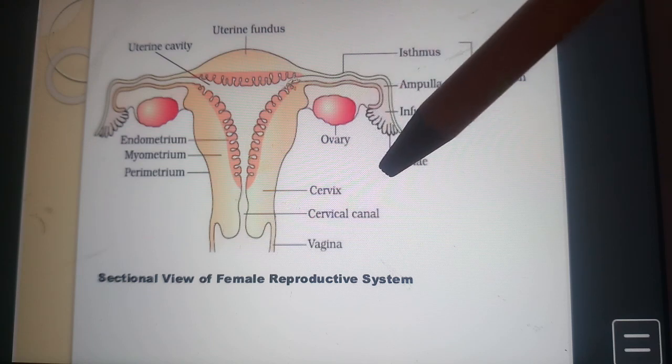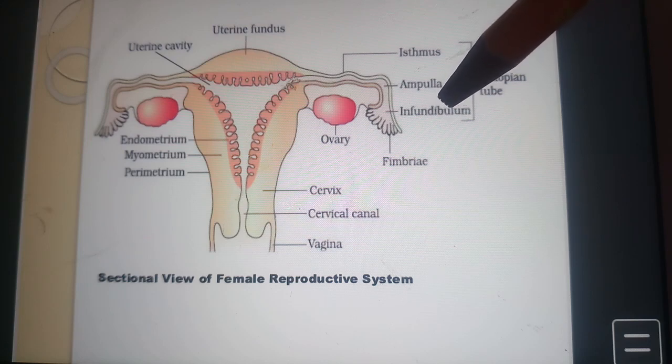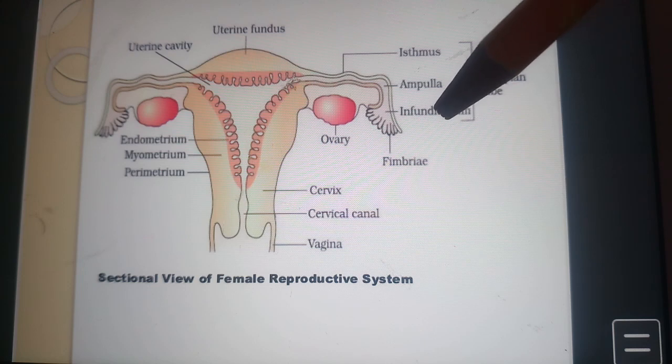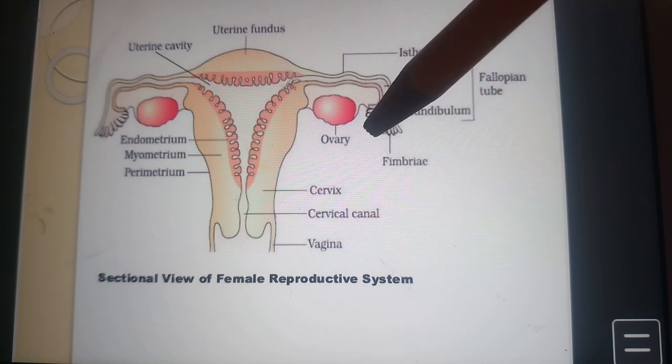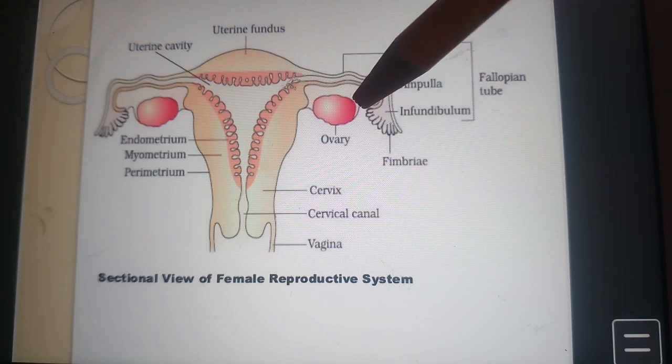The part close to the ovary is a funnel shaped structure called the infundibulum. The edge of the infundibulum possesses finger-like projections.